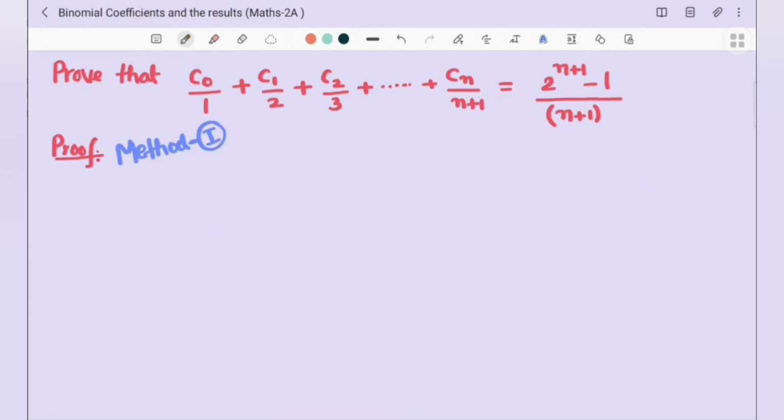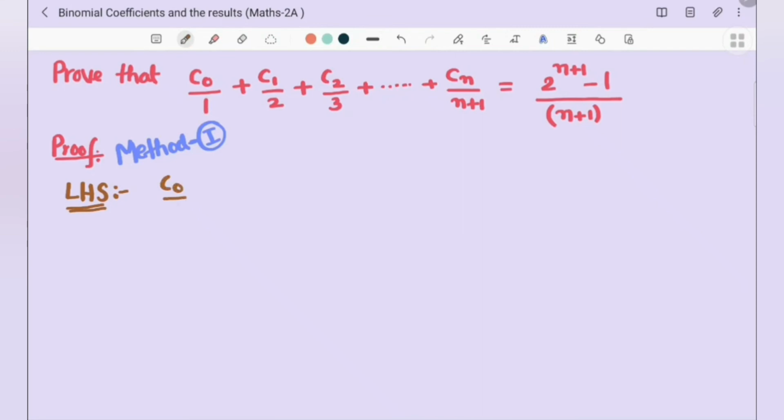So in method 1, like the result how we proved in the previous sessions, in a similar way I am explaining. First consider LHS. Method 2 is a simple one, I will tell that.